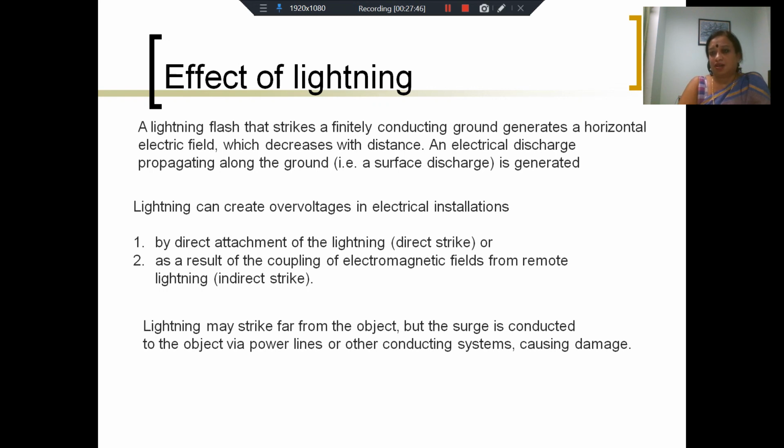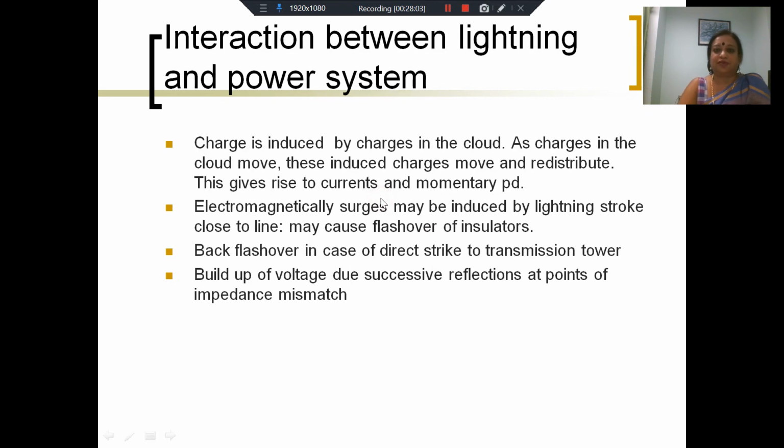And of course, in addition to induced electromagnetic strikes, lightning may strike far from the object, and the surge can be conducted to the object via power line. So if you have connectivity, more damage is likely. It's the same kind of thing that you would see in case of an ordinary object.